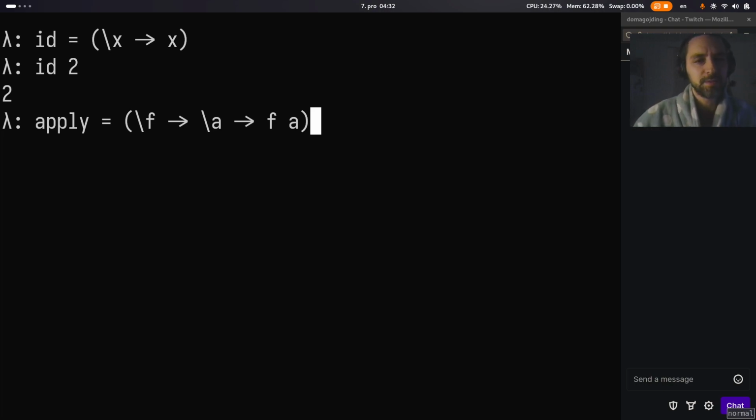Because now we don't have just one lambda here, one head, and the argument being applied to itself. We have two things, and we apply one to the second.